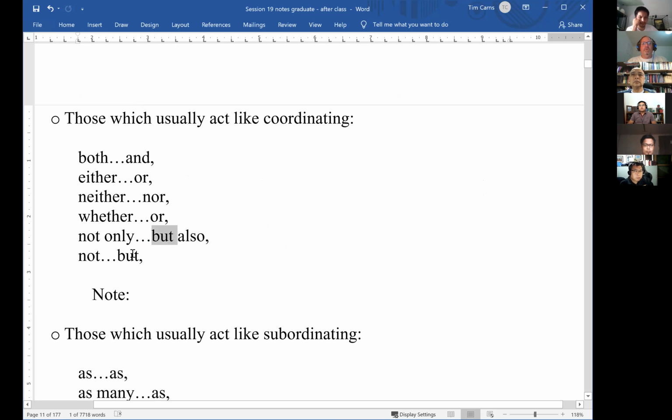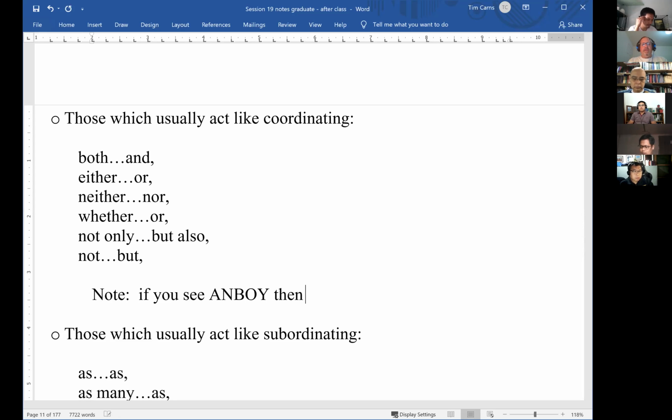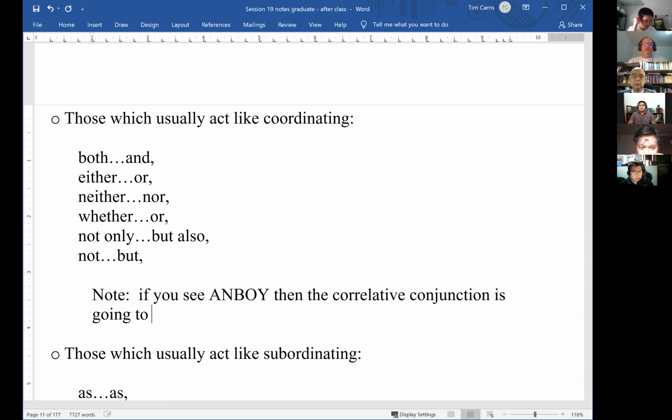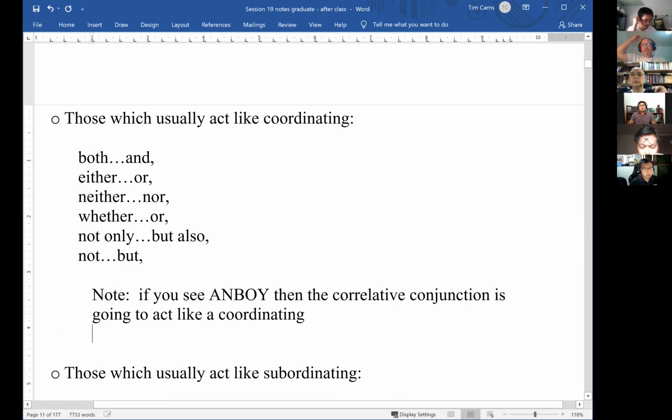All right. So keep that in mind. If you see an and, then the correlative conjunction is going to act like a coordinating. Okay? So just treat it the same way. Understand it the same way as you do a coordinating conjunction.